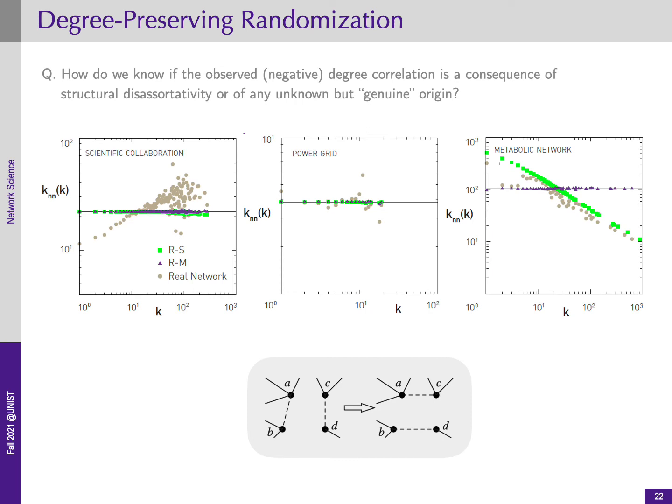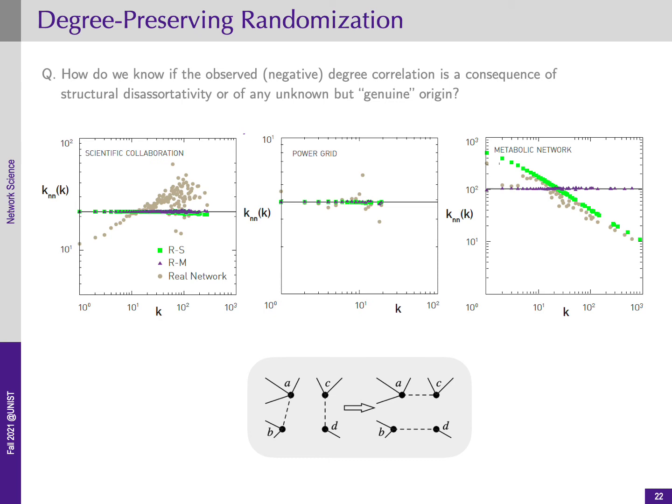So if you look at the left panel, that is for the scientific collaboration network, which is part of the social networks. It is presumably a strongly assortative network, which is actually the case according to these wasabi colored scatter points, right? But by applying this randomization procedure, this network is now converted to a neutral network, as you see from the green squares and purple triangles, right?